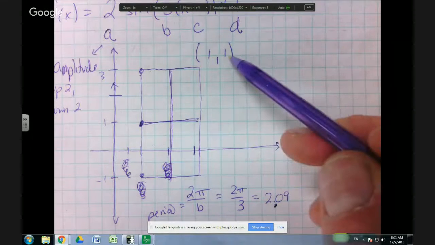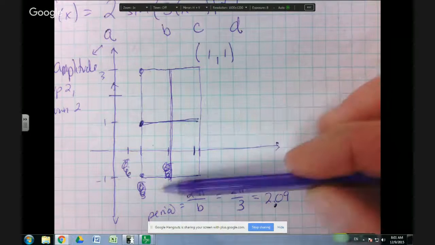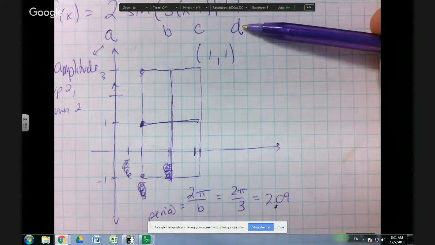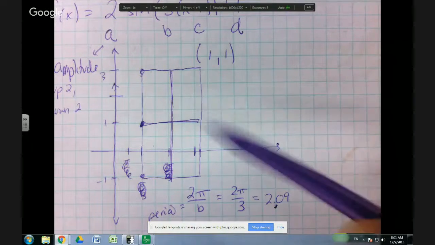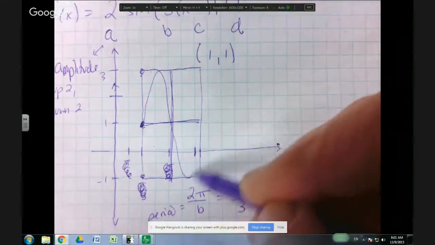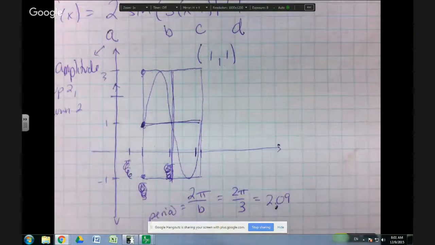CD was 1, 1. So that's translating it up 1. That's what the D does. That's going to be my midline. And then it's a sine function. So all I have to do now is draw it in my window. The window helps you place your sine function, because we're stretching and shrinking up and down, left and right, moving all over the place.